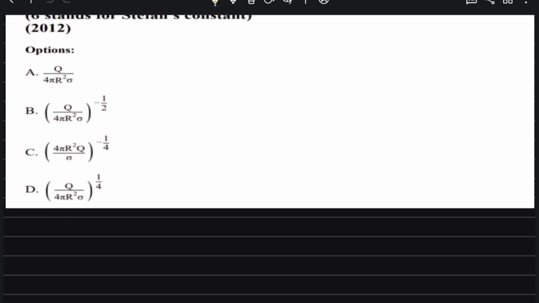The rate of energy production is equal to sigma A T to the power 4.